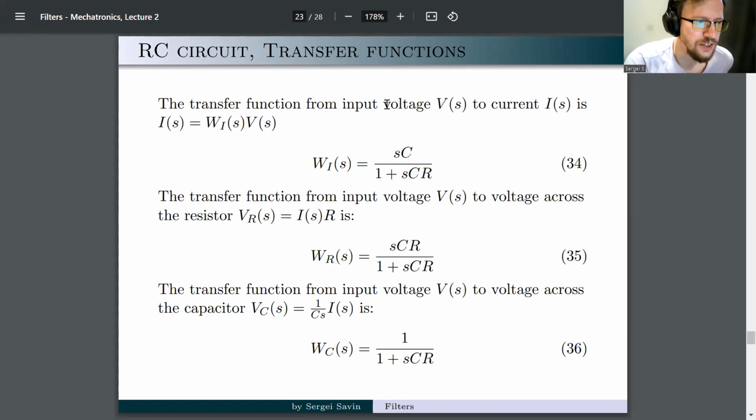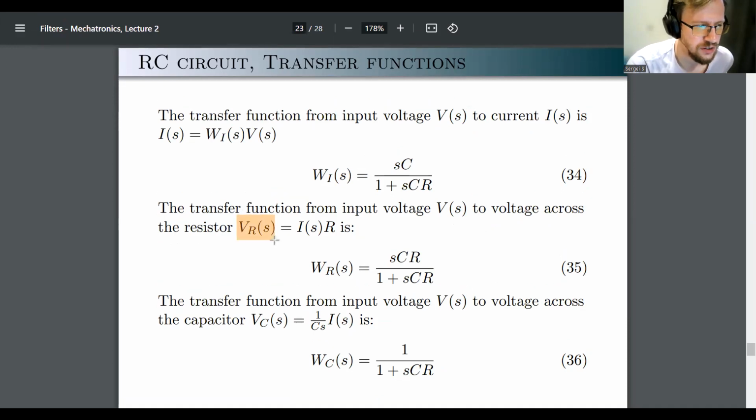Now we can define transfer function from input voltage to voltage across a resistor, which is same as current but times R. Okay, that's current times R. Voltage across the resistor is current times R. Ohm's law. So we get additional R here to our transfer function. We multiply it by R because that's how our transfer functions work, right?